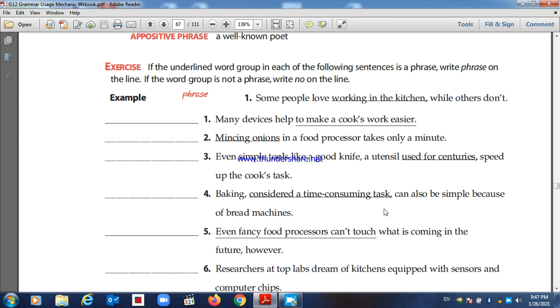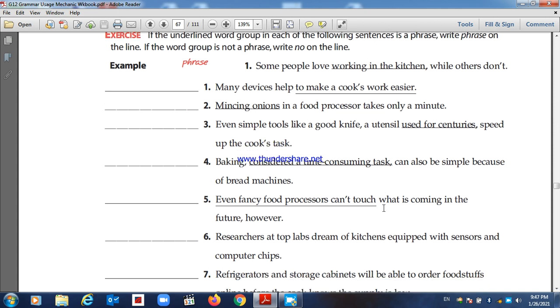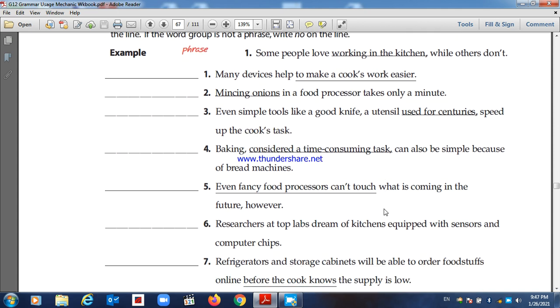Then let's move to number 6. Researchers at Top Labs dream of kitchens equipped with sensors and computer chips. If it's not underlined here, underline starting from equipped with sensors and computer chips. And here we have a past participle, equipped with sensors and computer chips, participial phrase.